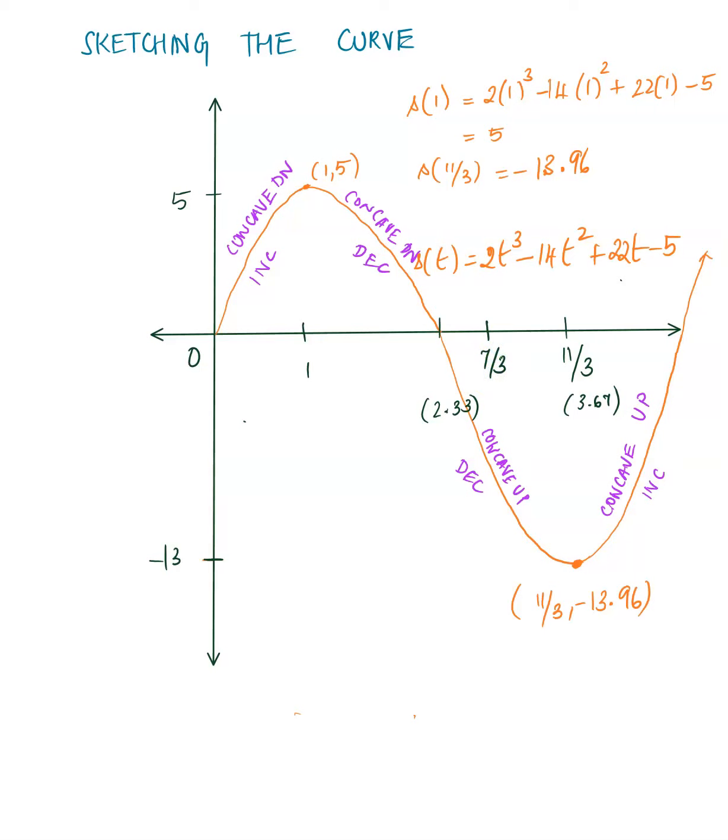All right. Because at 7 over 3, it's not 0. That's what I'm trying to say, okay? Because if it's going to pass through 7 over 3 on the x-axis, that means S of 7 over 3 must be 0. That's not the case. S of 7 over 3 gives me negative 10.67. Let me write that. So it's definitely not passing through 7 over 3. All right, so that's our sketch here.